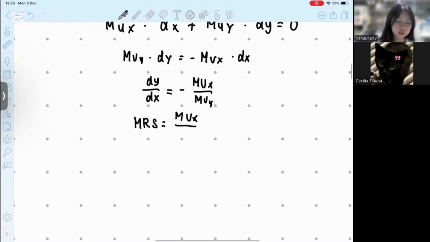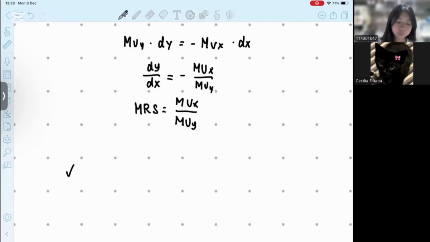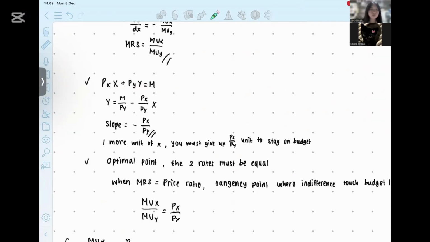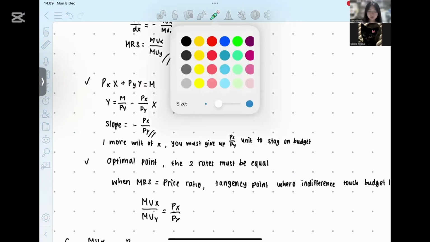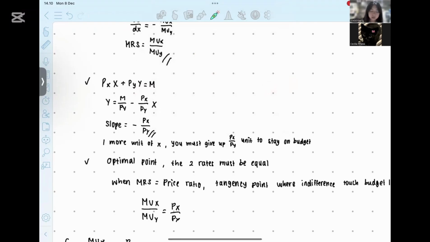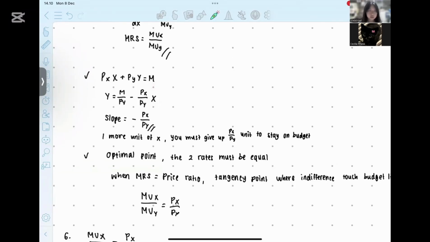Okay, so now we can find the slope. For the budget constraint formula, we know that pxx plus pyy equals m, like this, and then we can rearrange it so that we can find the slope. So we can rearrange it to y equals m per py minus px per py times x.